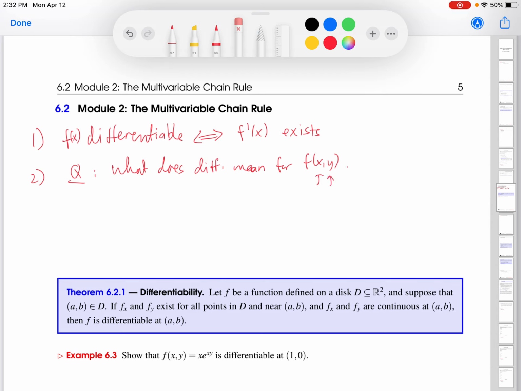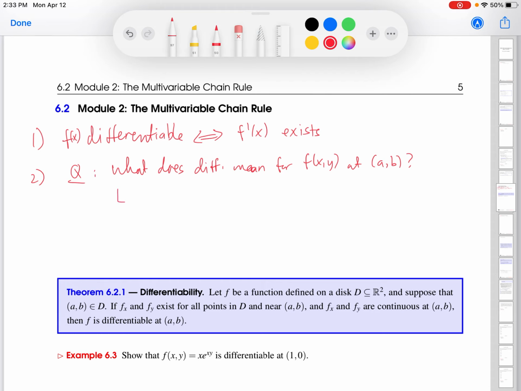Let me make this slightly easier by asking at a point (a, b), so that we don't have to talk about domains yet. So we have two variables changing in f, x and y. In the previous video, we talked about partial derivatives, so maybe you have some notion that partial derivatives are involved in this answer about differentiability.